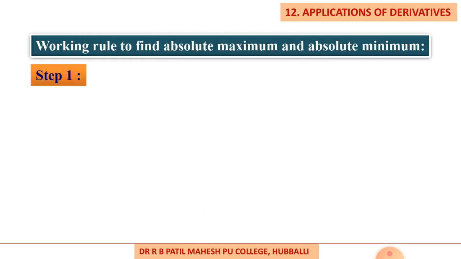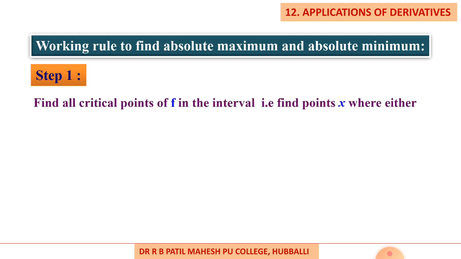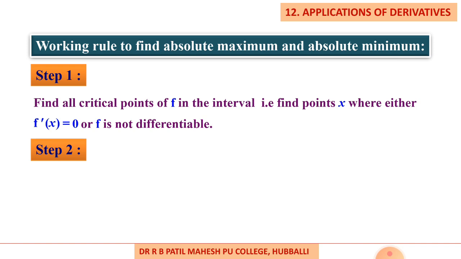So here is the working rule to find the absolute maximum and absolute minimum. First, find all critical points of f in the interval, that is find points x where either f dash of x equal to 0 or f is not differentiable.